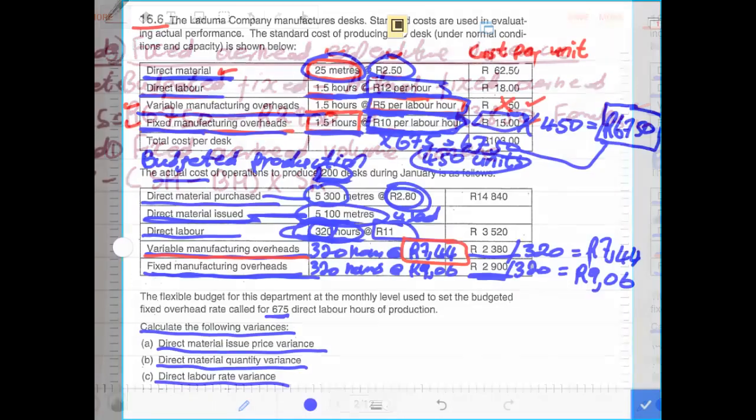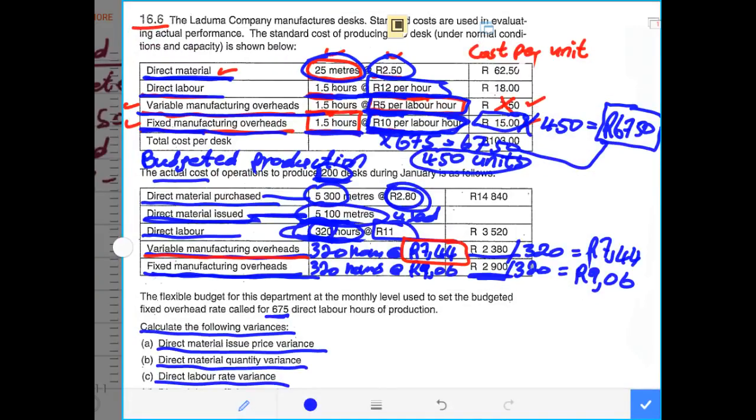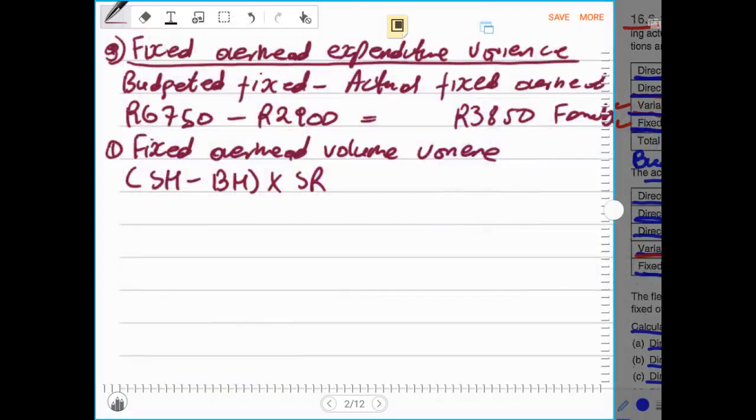And we have to look for all that information. Standard hours minus budgeted hours, times the standard rate. I just have to confirm that I've done it right. It is correct.